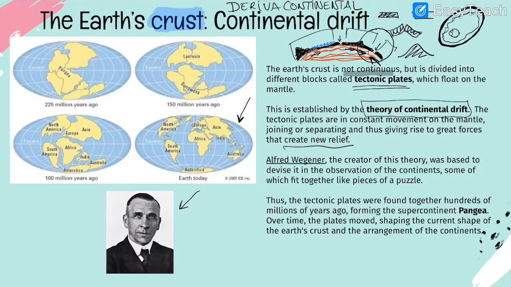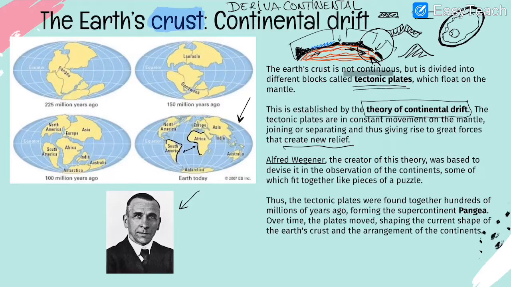If you observe the relief, the borders of South America and the borders of Africa, you can see that they encajan perfectamente. They are like pieces of a puzzle. And Wegener thought, well, perhaps in the past they were well together. These two parts were together.